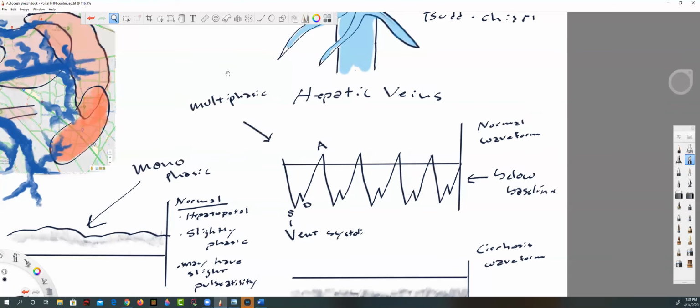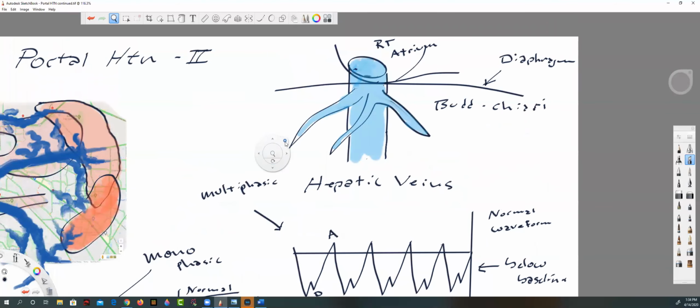So what that means, let's see, this is our pulse wave line. We'll put our little region of interest box here.